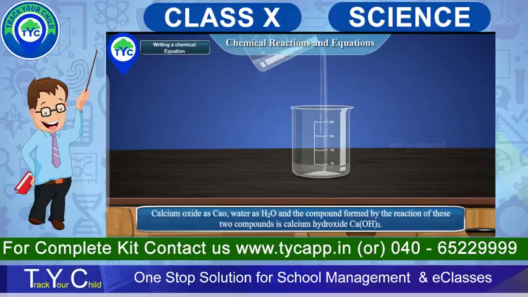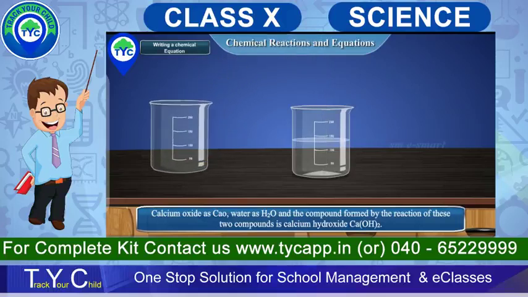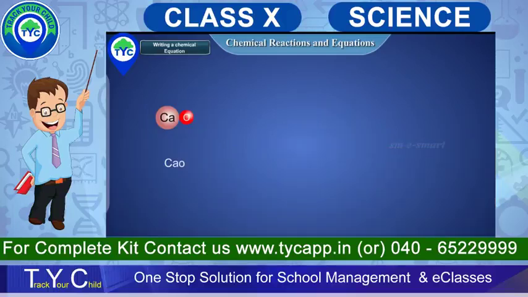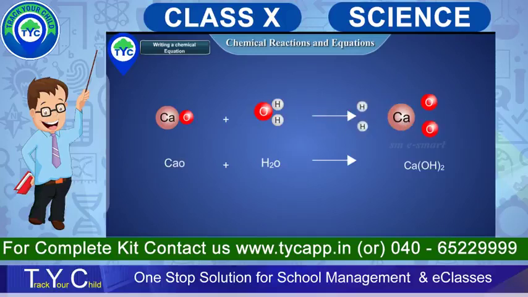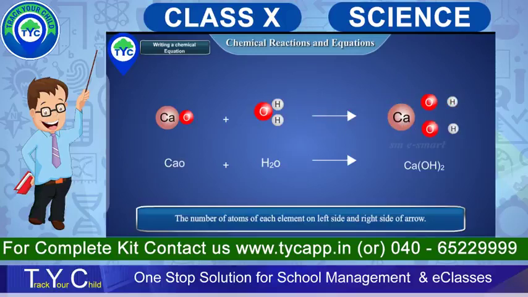Calcium oxide is CaO, water is H2O, and the compound formed by the reaction of these two is calcium hydroxide. CaO plus H2O gives Ca(OH)2. Count the number of atoms of each element on the left side and right side of the arrow.